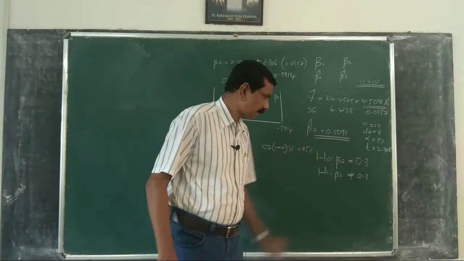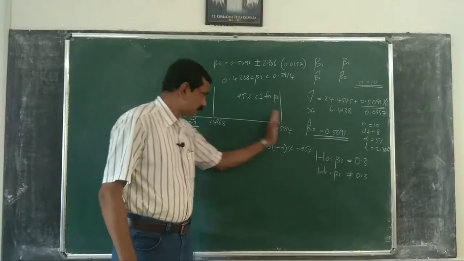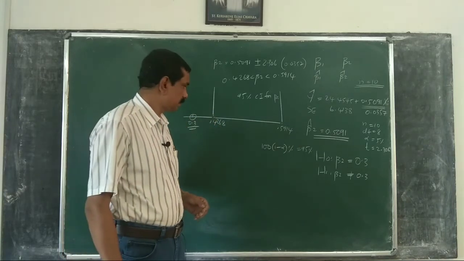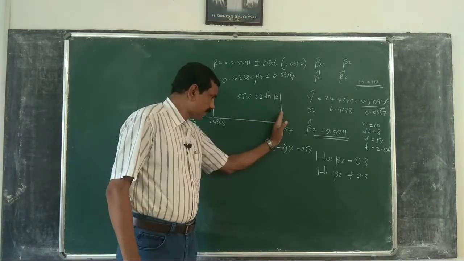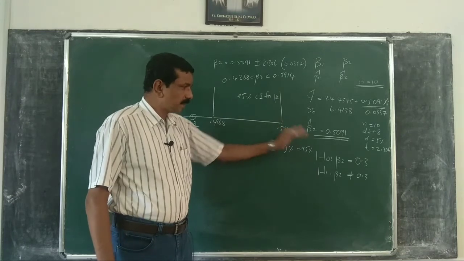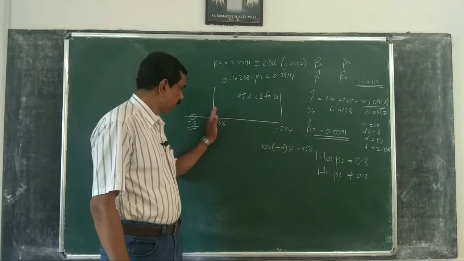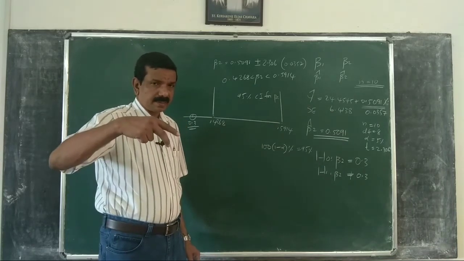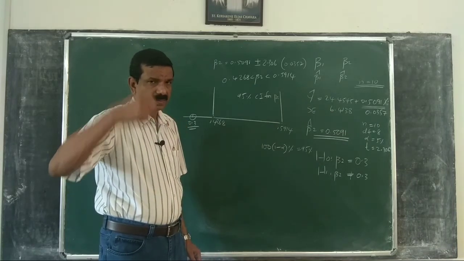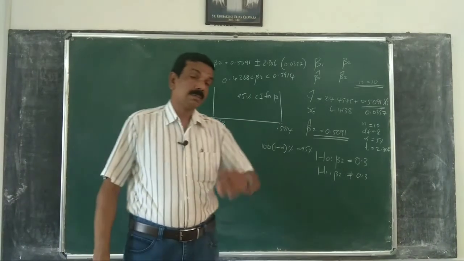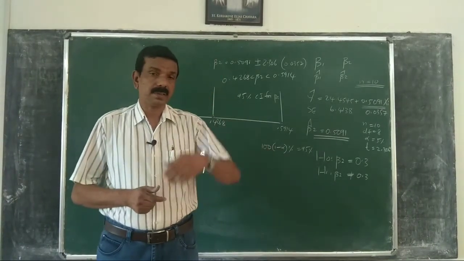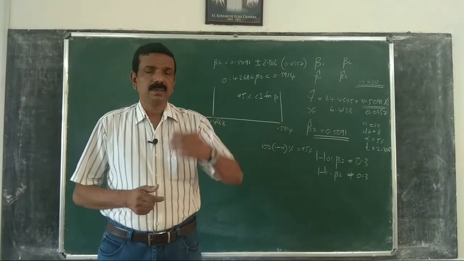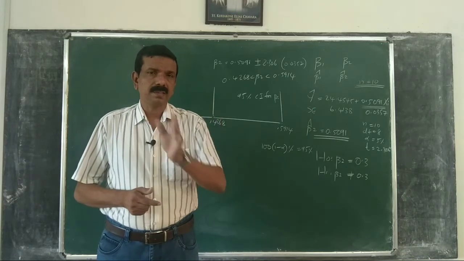So in this case, as the null hypothesis is rejected, our finding is statistically significant. If our hypothesized value was within this interval, we would not reject H0 and our finding would not be statistically significant. Statistically significant means our sample finding is significant, our test statistic is significant, and the test statistic is based on the sample.